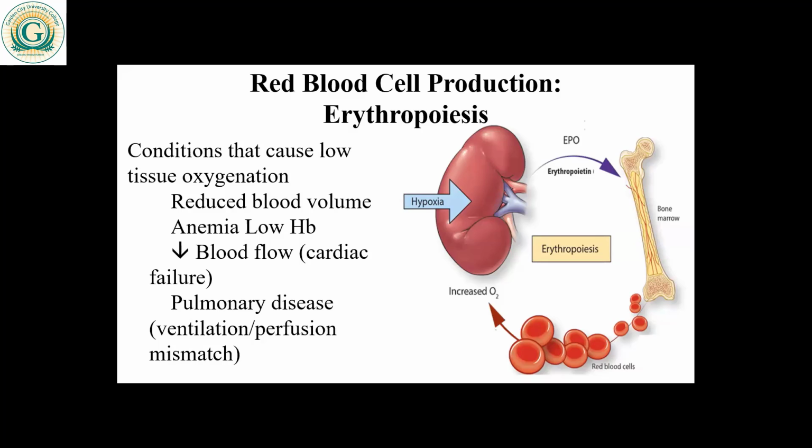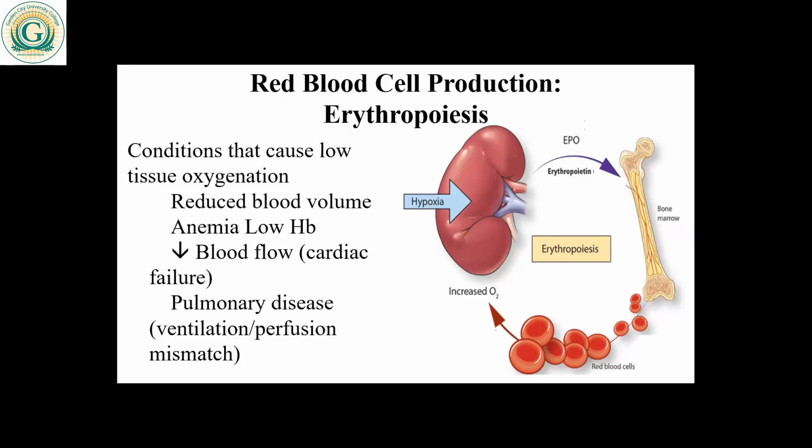And this blood circulation would reach the kidney as well. So in the kidney, we are saying we have production of a hormone called erythropoietin. This erythropoietin is produced from the kidney. It travels through the blood to the bone marrow.